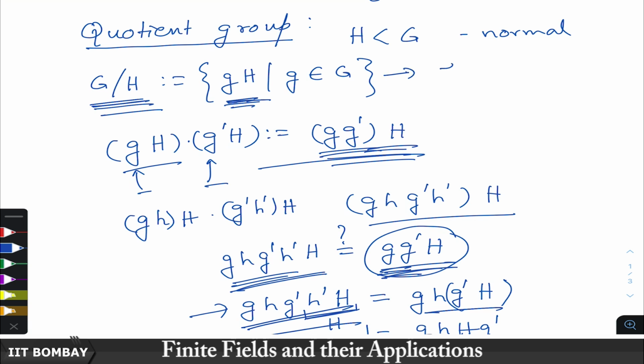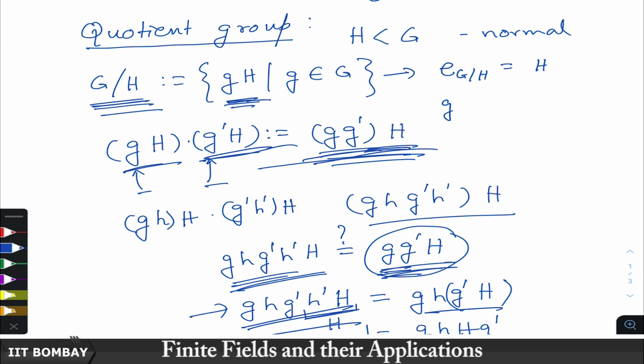The identity element of G/H is actually the coset H. H is the subgroup, so it is its own coset, and that is the identity element. Now, because you can see H is the same as eH, this operation will give you gH times H is equal to gH again.